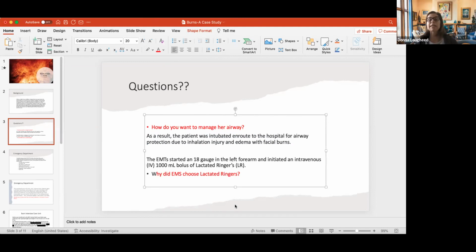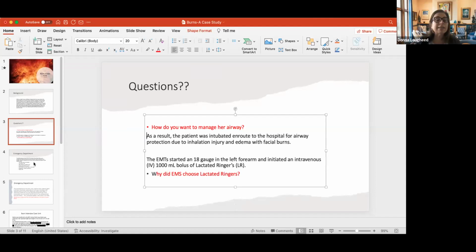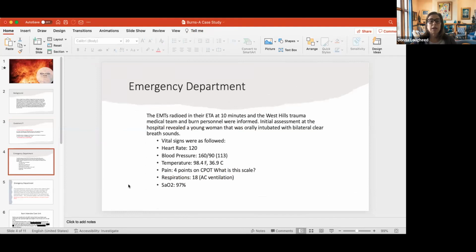It is closely related to the extracellular fluid. Exactly right. So that is the fluid of choice. Now the EMTs radioed in their estimated time of arrival at 10 minutes, and the West Hills Trauma Medical Team and burn personnel are informed.